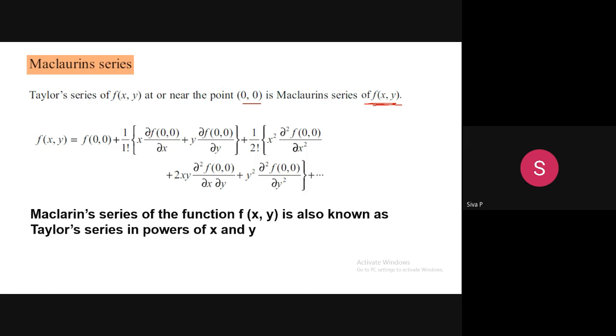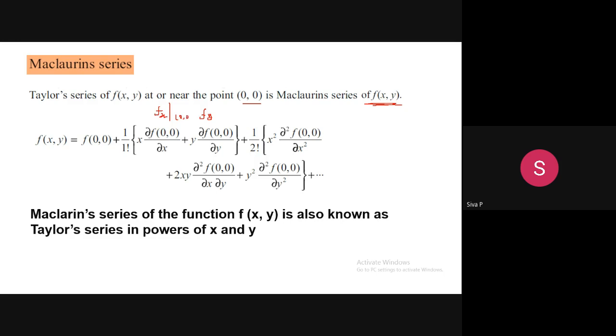You know the notation: dou f by dou x can be written as f suffix x. Dou f by dou y is known as f suffix y. Dou square f by dou x square. So what is dou f by dou x at 0 comma 0? You have to put one line here and write 0 comma 0.